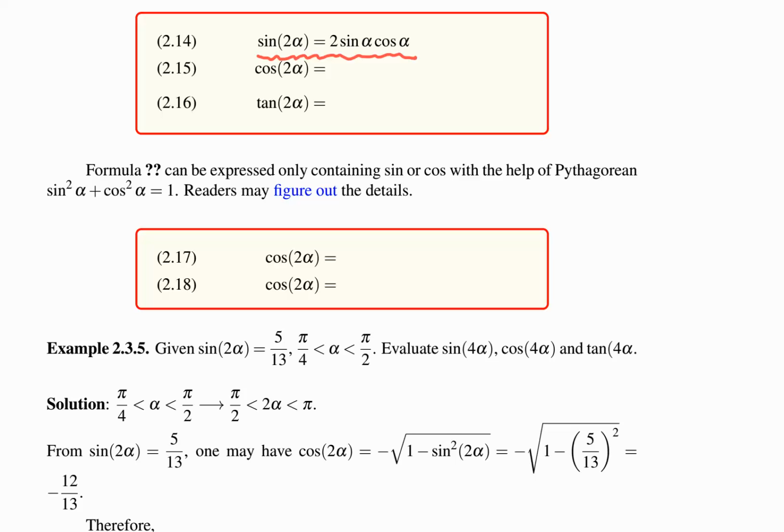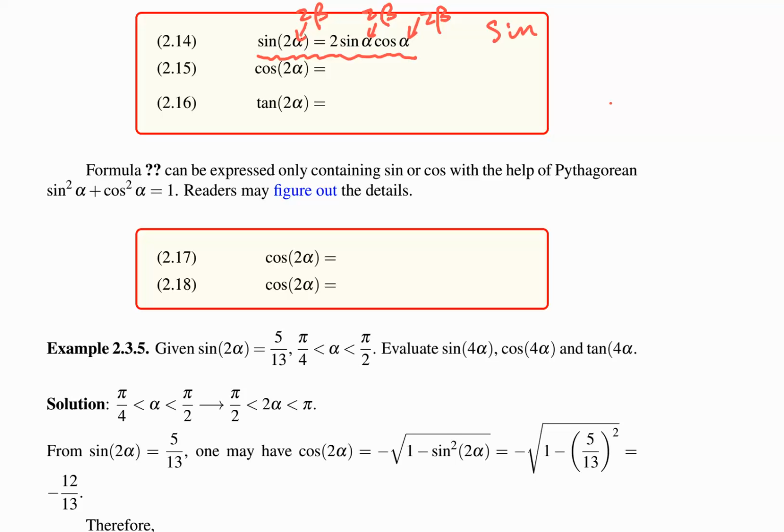For example, if you replace this alpha, let's say with 2 beta, then this alpha will be 2 beta, and so is this case 2 beta. What we get will be what?